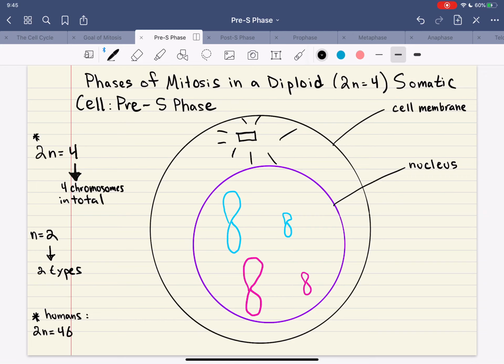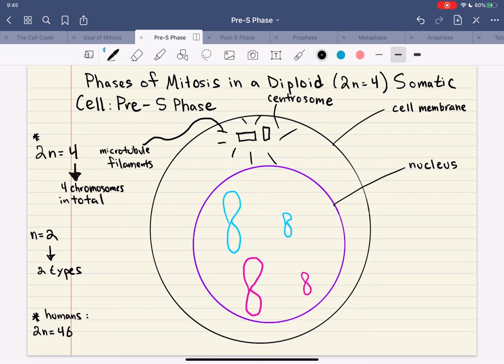Now I want to label one more thing. This structure here, this whole thing, is the centrosome. And each of these little black lines radiating out from it are called microtubule filaments, also known as spindle fibers.